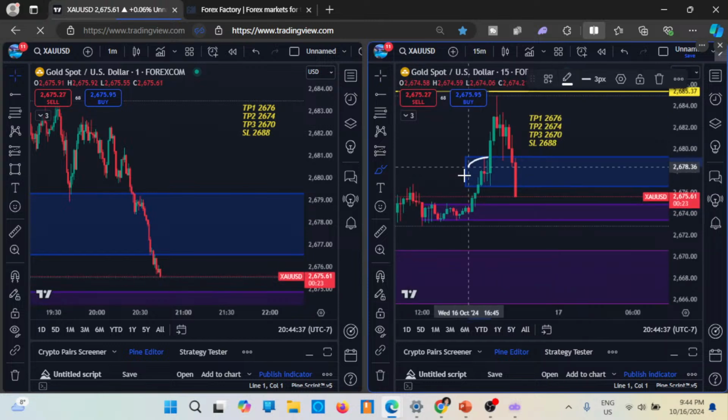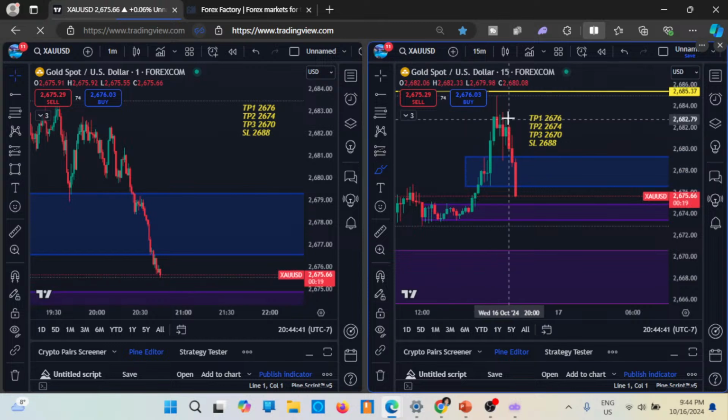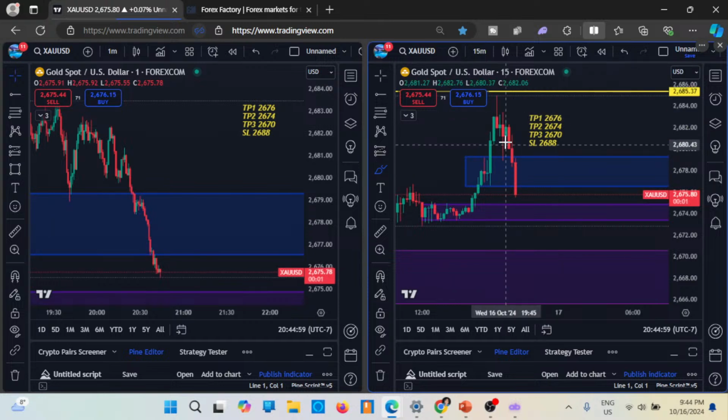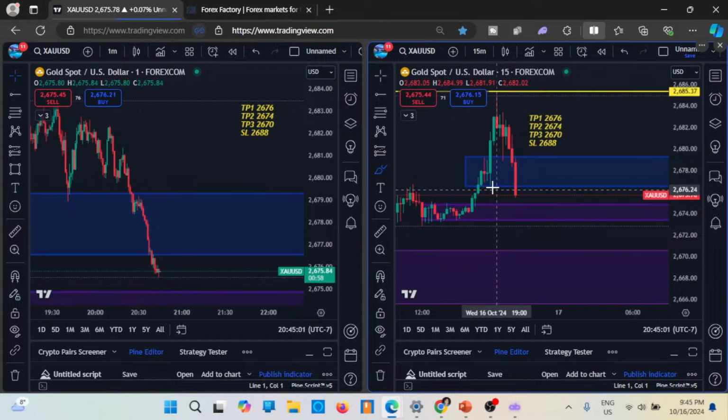I was able to draw this support when the price was up here. I just had to look below where the price is to see where the next support is, and I saw it here on the 15 minutes. That is where the next closest support is, and that was actually the level where we took a buy on a 1 minute time frame. When the price came back down, it held it, so we took a buy there.